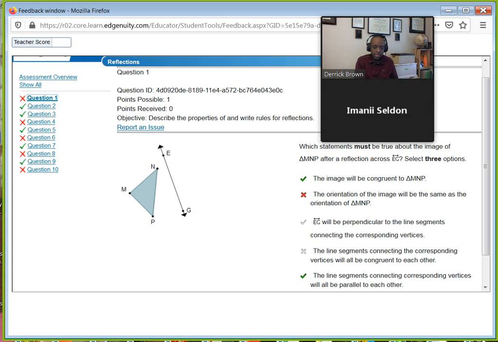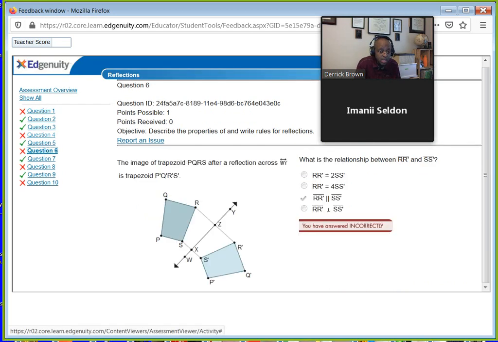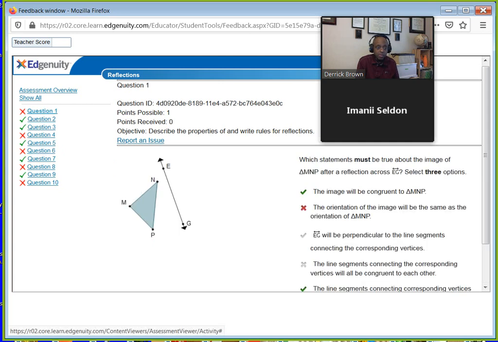And then EG is going to be perpendicular to the line segments connecting the corresponding vertices. This one's true, and we just saw it, right here. See how the line segments connecting these vertices are perpendicular to the reflector? That's what this is saying.